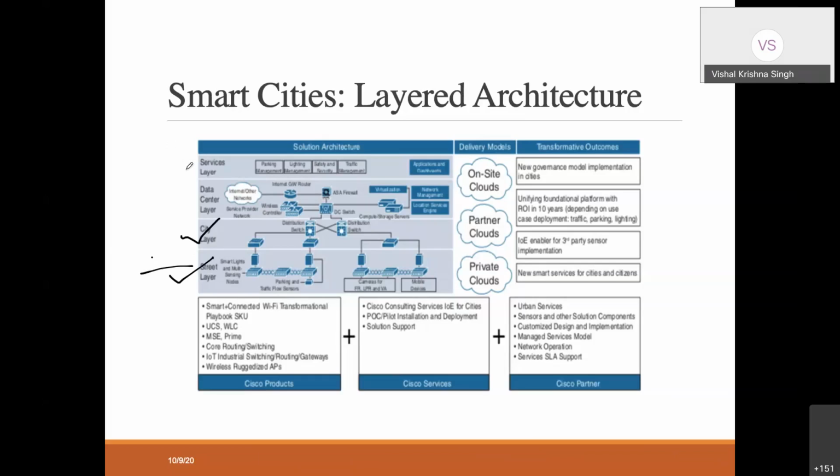Now, you'll ask how specifically this services layer is utilized. Consider this example where data from a smart parking is available to us.